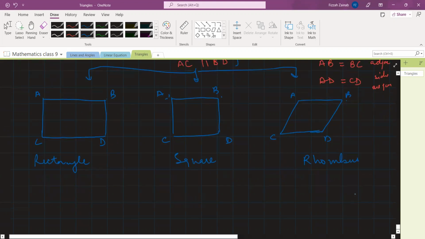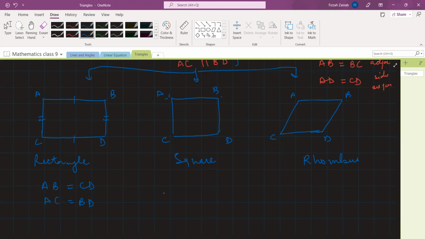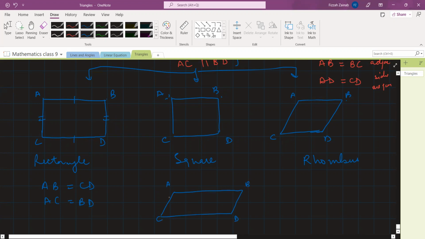So you can look at the figure and tell very easily. In a rectangle, apart from the parallel condition, opposite sides have to be equal, right? AB is equal to CD and AC is equal to BD in this figure. This is equal to this and this is equal to this. Okay. Now there is an issue. If a figure is like this, for example, A, B, C, D. Now I'm saying that AB is equal to CD and this is equal to this.